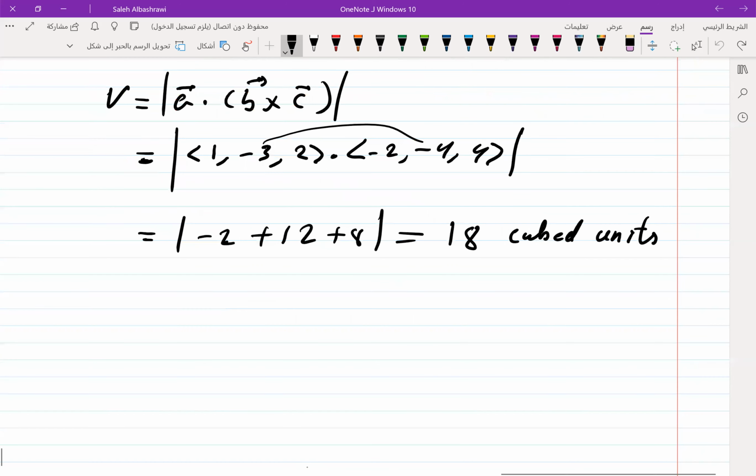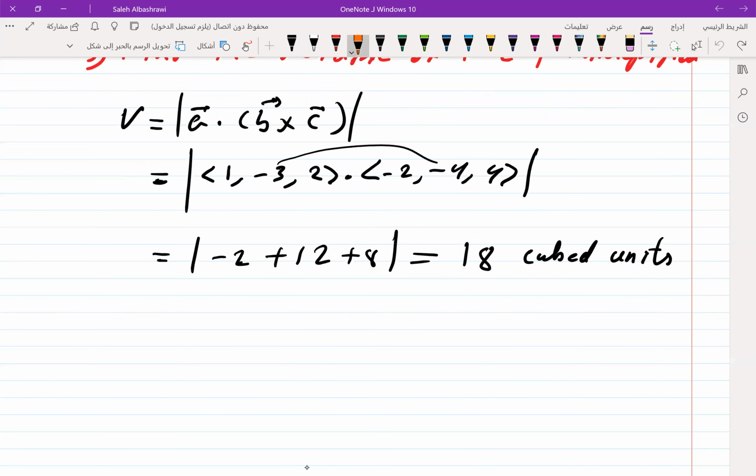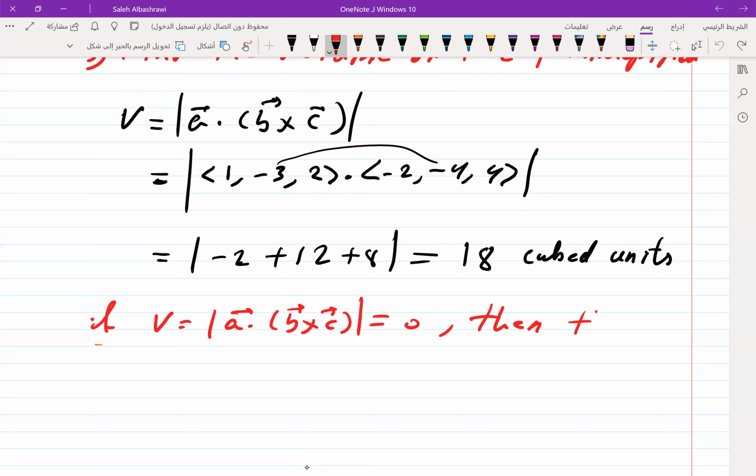We mentioned one thing before. We said that if the volume, which is equal to A dot B cross C, is equal to 0, then the vectors A, B, and C are coplanar.